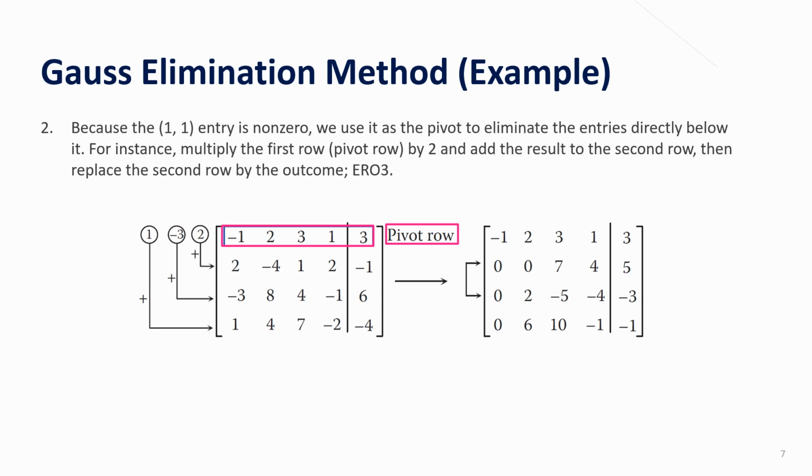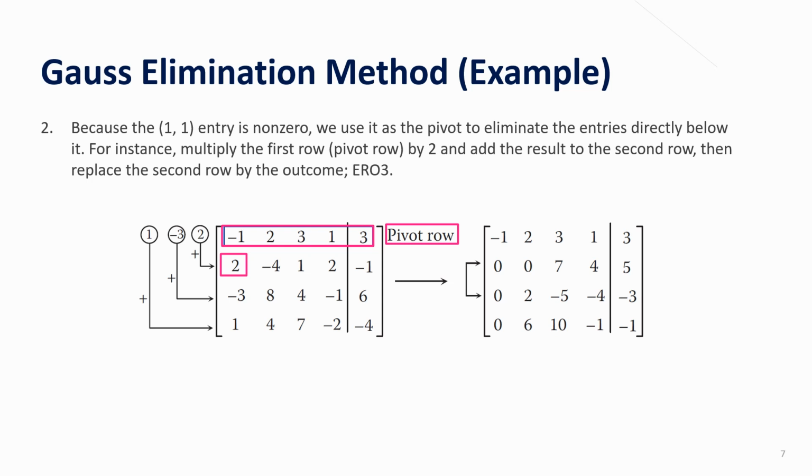For example, to eliminate this one so that its value becomes 0, we can use the pivot row multiplied by 2 and then plus the second row.